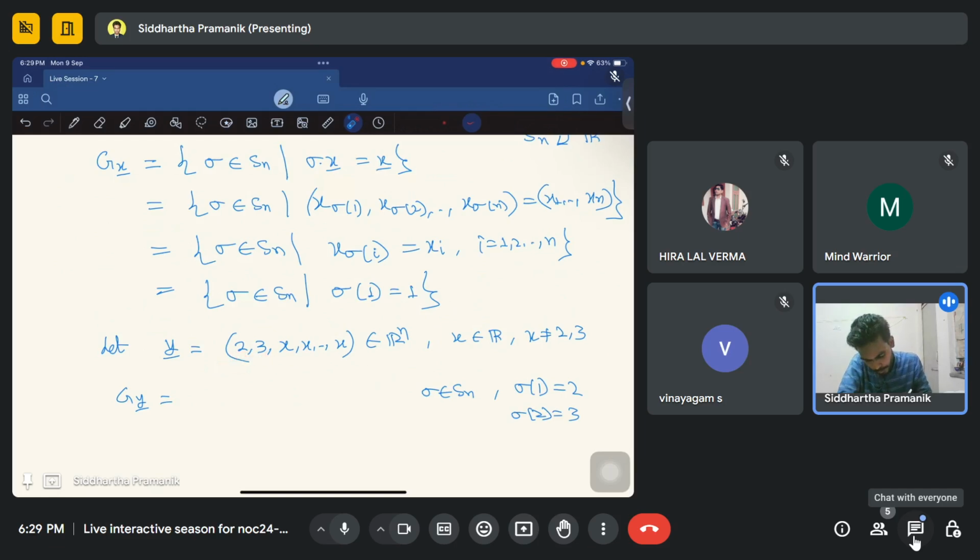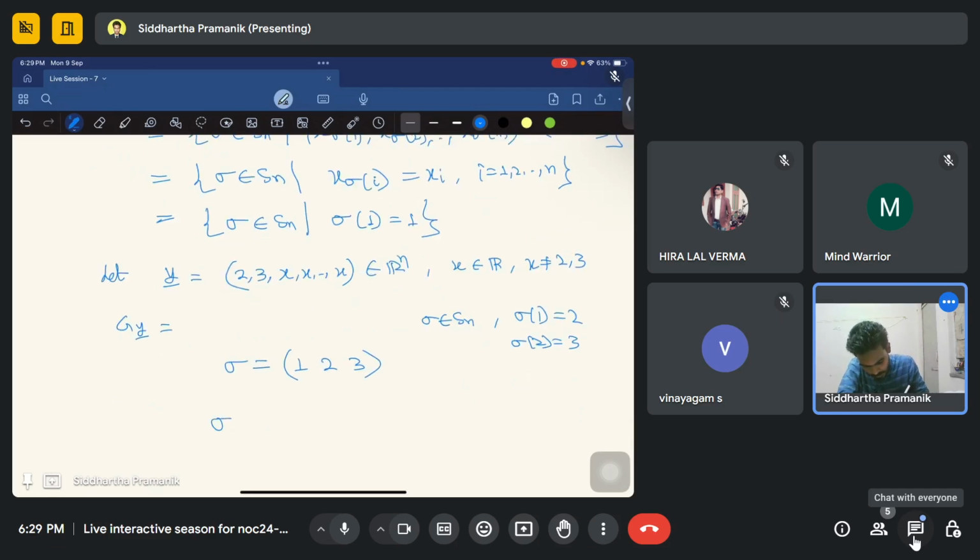Similarly, it should also fix the other coordinates, but these other coordinates can be permuted among themselves. But this first coordinate should be mapped onto itself, because if we map this first coordinate, let's see one example. Let sigma equal, as you say, 1 to 2 and 2 to 3. So let's take this cycle.